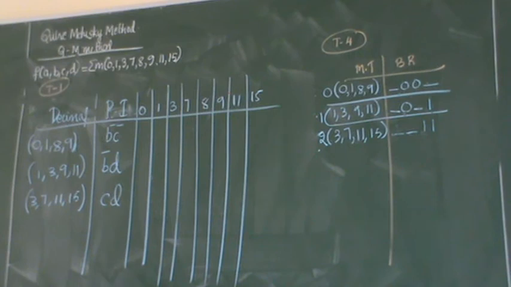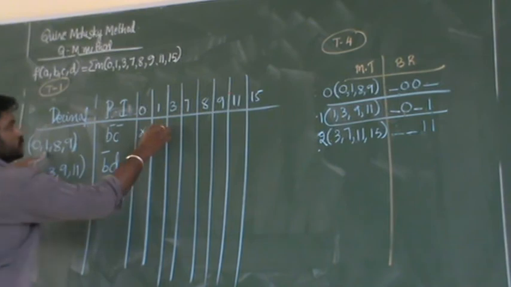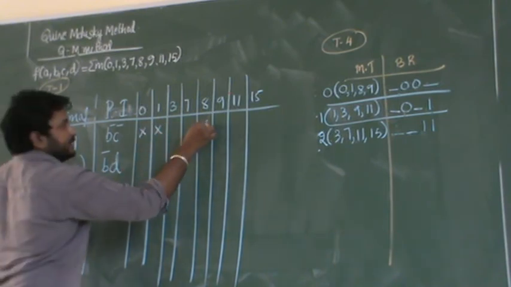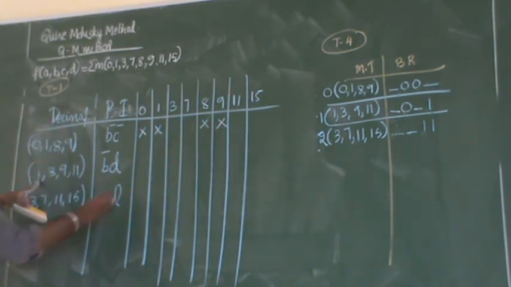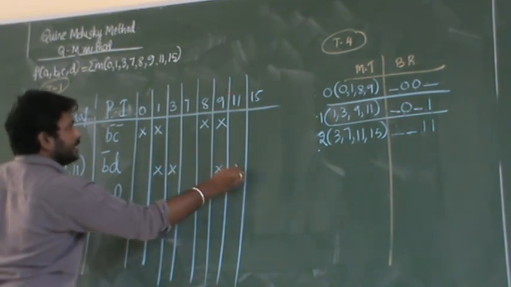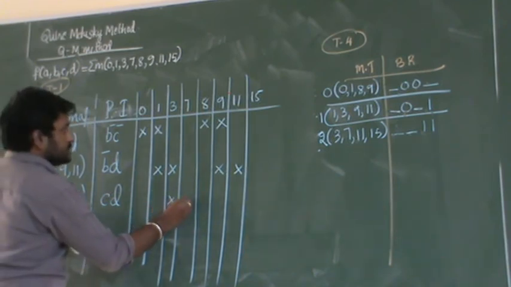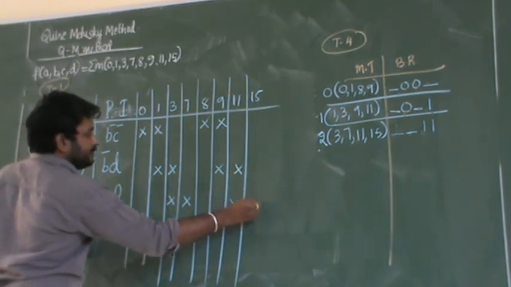So now, how to mark it: 0, next 1, next 8, next 9. Here 1, 3, 9 and 11. Next 3, 7, 11, 15.